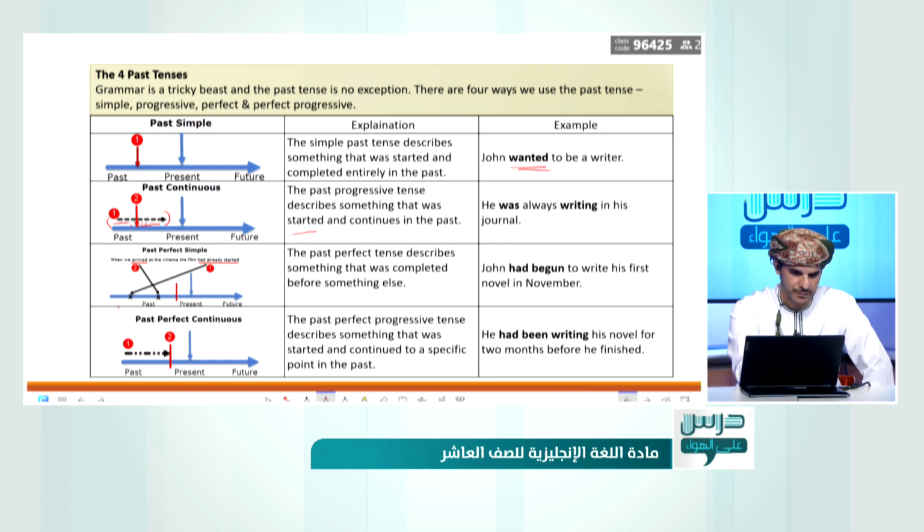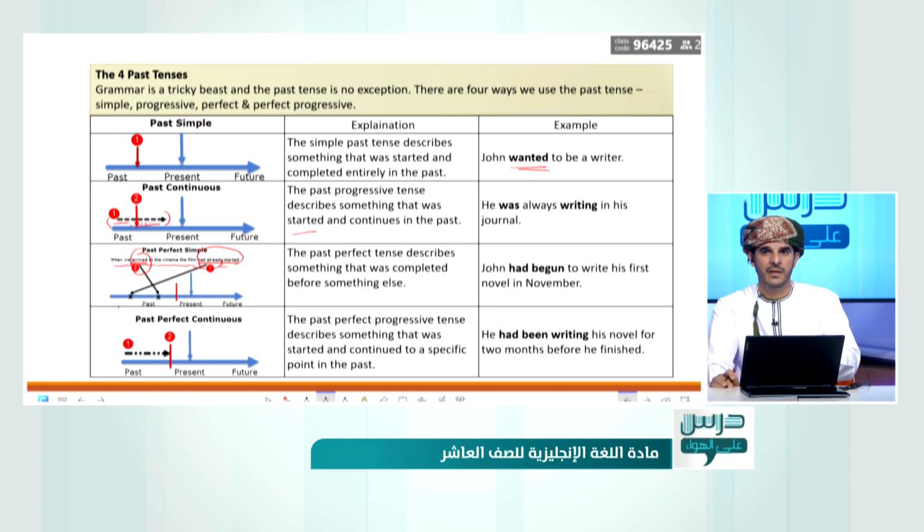When we arrived at the cinema, the film had already started. The film had already started, then we arrived at the cinema. John had begun to write his first novel in November.